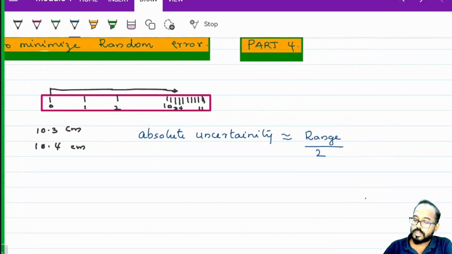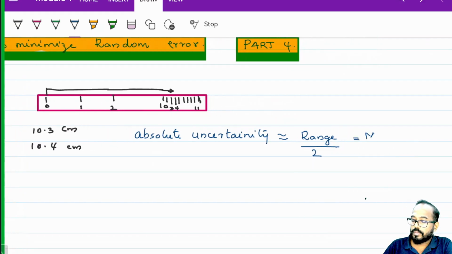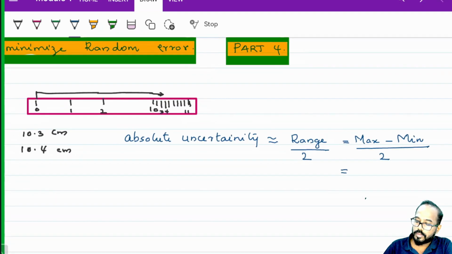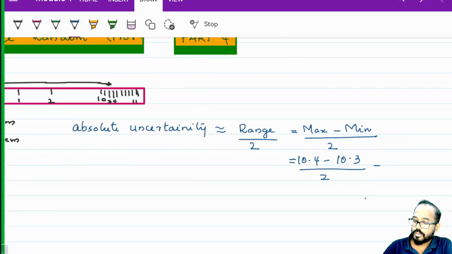Range means maximum value minus minimum measurement, upon 2. So in this case, what is the maximum? 10.4 minus 10.3 divided by 2, which is equal to 0.05, right?